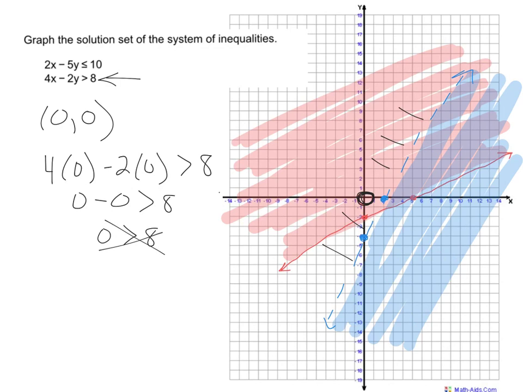Now, in order to finalize the graphing of the system of inequalities, we only keep the shading in which the two lines overlapped. As you can see, the shading was overlapped in this region right here. So we only keep this yellow part of the shading. We can erase the shading in all other areas.